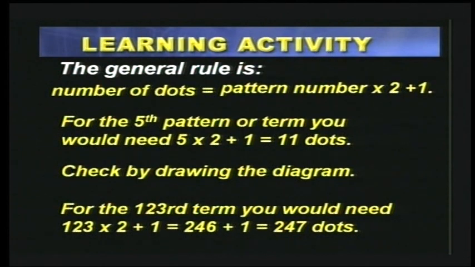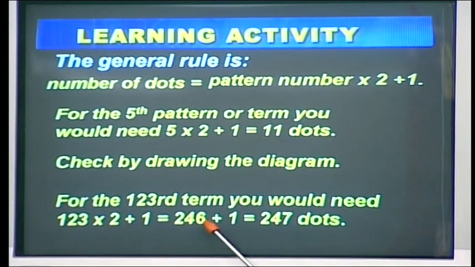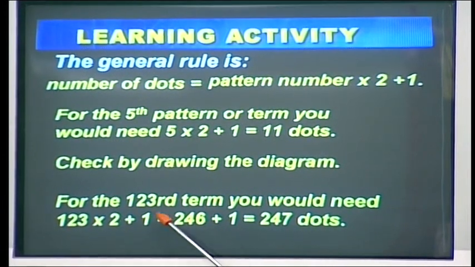There is a rule that you can use to come up with your answer. For the 123rd term, because the term is given, number of dots is 123 times 2, which is 246, plus 1.